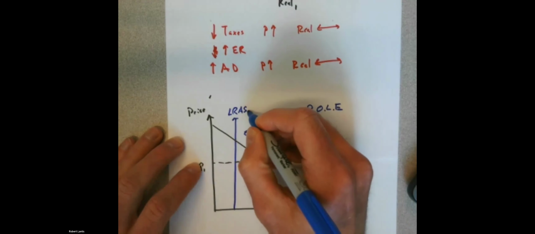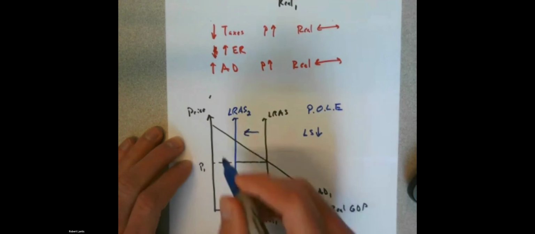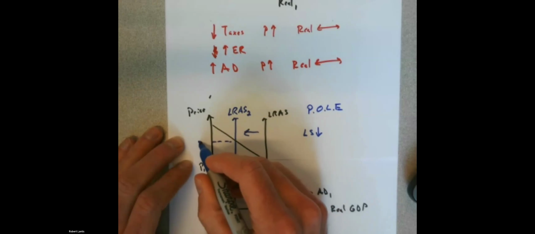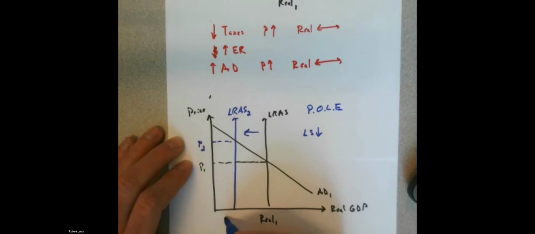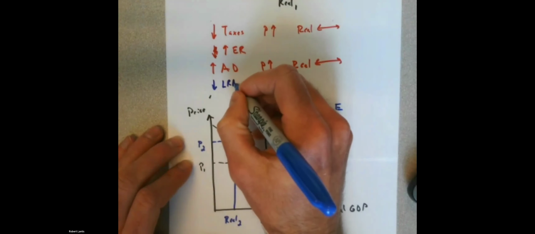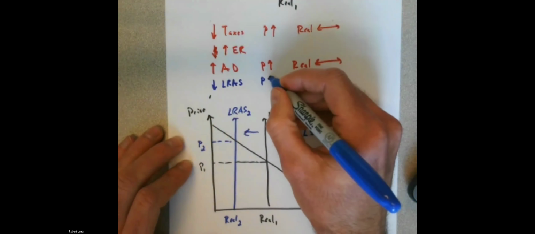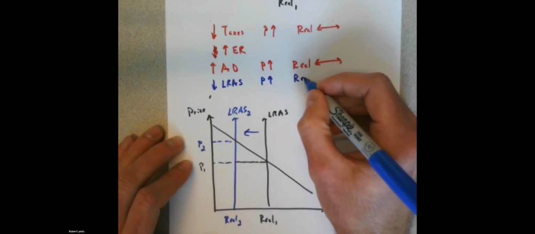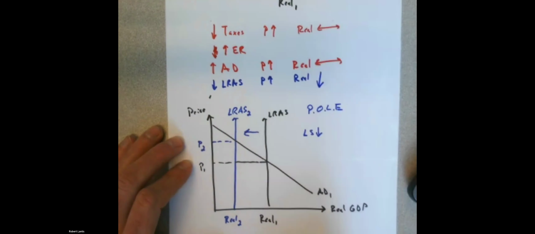So when it decreases long run aggregate supply, what happens? Well, our new equilibrium price level is higher, but our new real GDP is going to be lower. Okay. So if we're thinking about what's happening to short run prices, we now had a decrease in long run aggregate supply. That was pushing prices up, but causing our real GDP to go down.